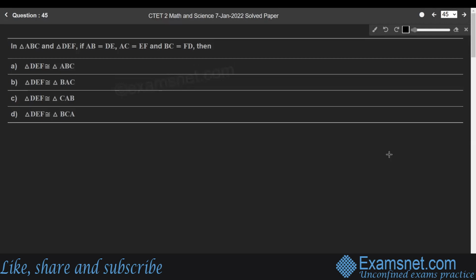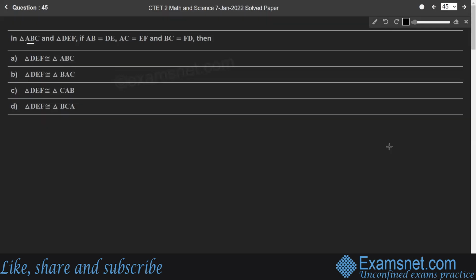Question 45. In triangle ABC and triangle DEF, if AB is equal to DE, AC is equal to EF, and BC is equal to FD, then, so we have to find the correct answer for congruency here. So consider two triangles ABC and DEF.